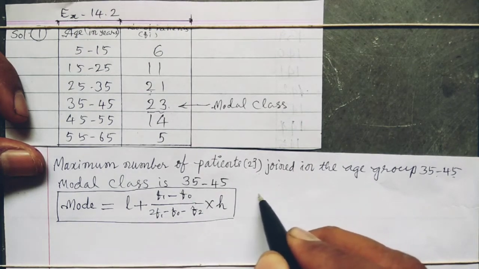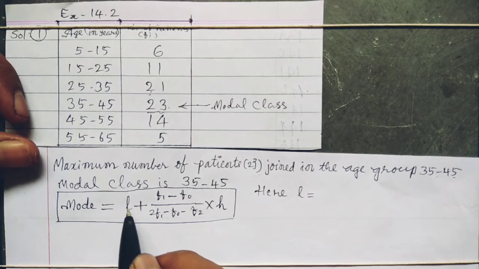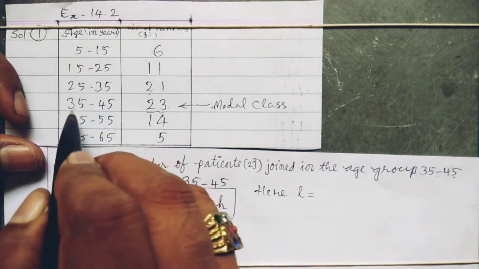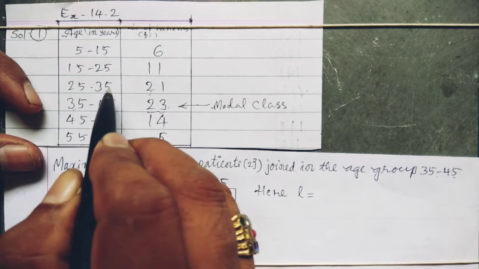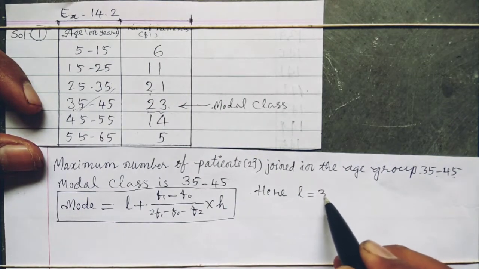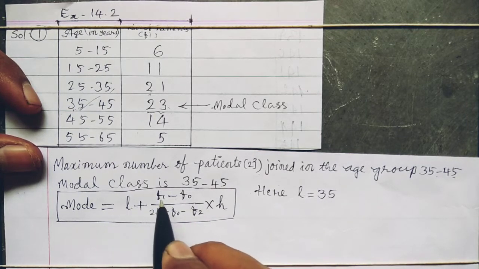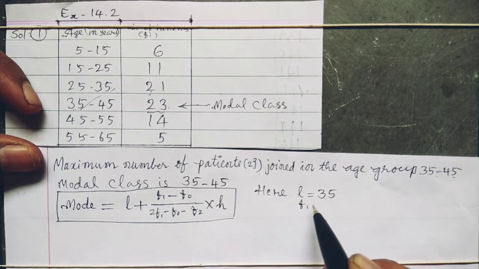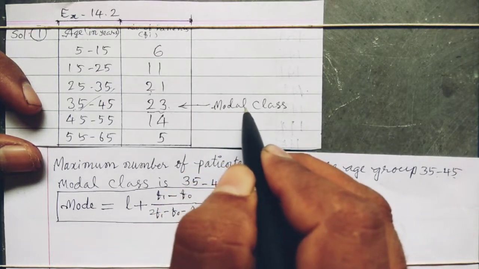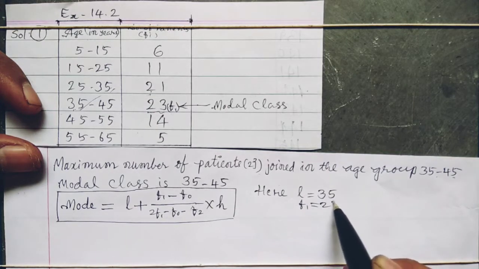L is the lower boundary of the modal class. So 35 is the lower limit, and the average of this is also 35. So L is equal to 35. Next, F1. What is F1? The frequency of the modal class. F1 is equal to 23.